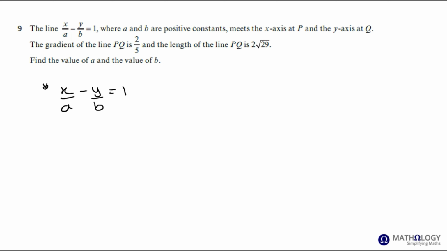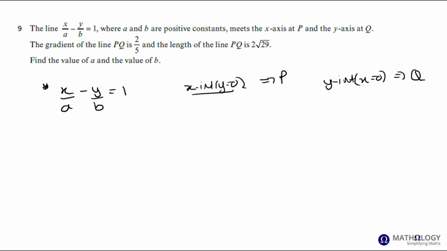This function cuts the x-axis at P. That means that the x-intercept will give us point P, and the function cuts the y-axis at Q. So the y-intercept of this function is going to give us the point Q. Once we get the points P and Q, we can then work with the gradient and with the length.